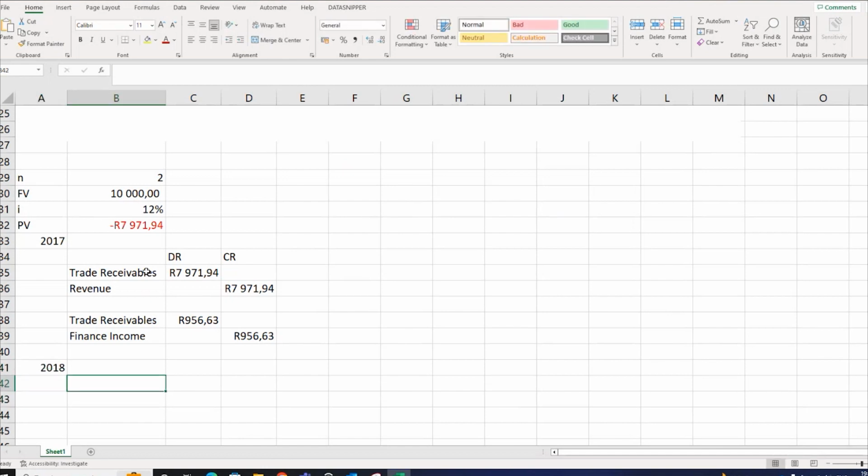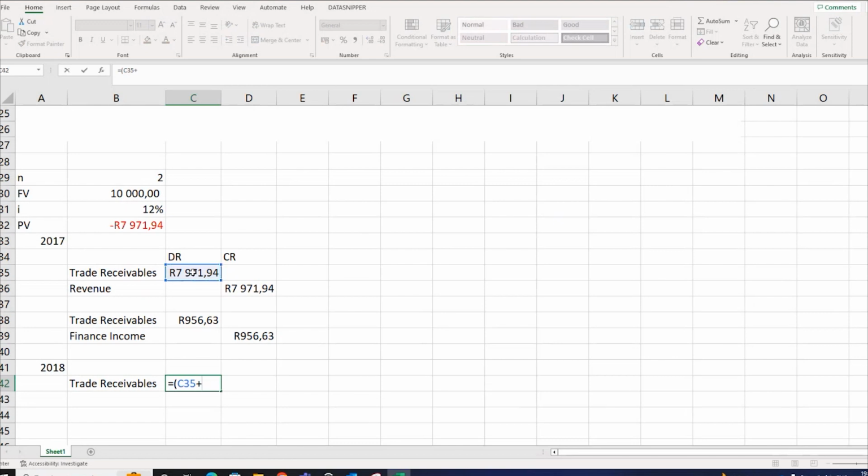So now if we have to recognize the transactions for the following year, we know that it's again trade receivables. And like we said, this will be based on the amount outstanding at the beginning of the year.